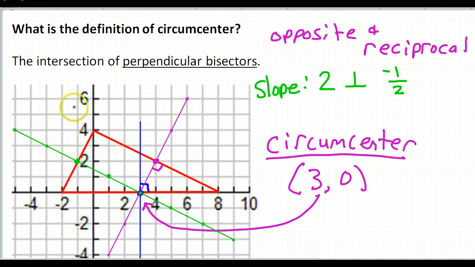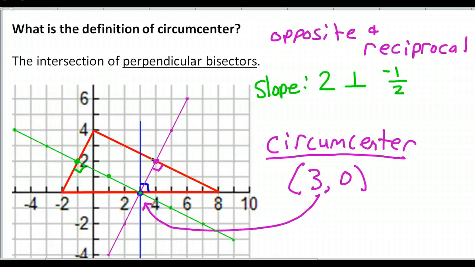Okay, so that is my final perpendicular bisector. It's perpendicular right here, and it's the midpoint of this side. So it's a perpendicular bisector. And that's how you find the perpendicular bisector, and you use those to find your circumcenter.